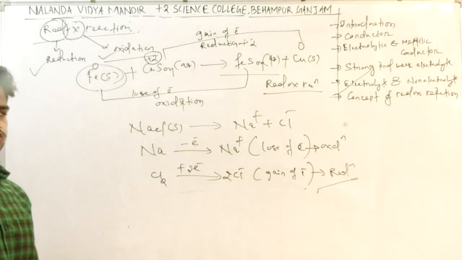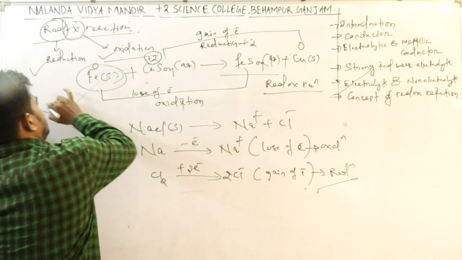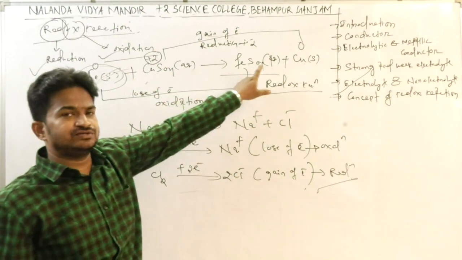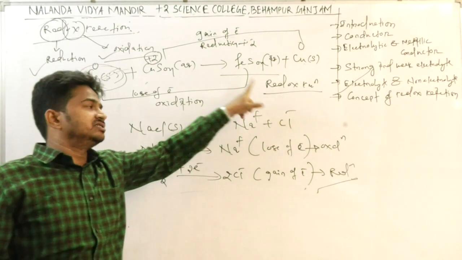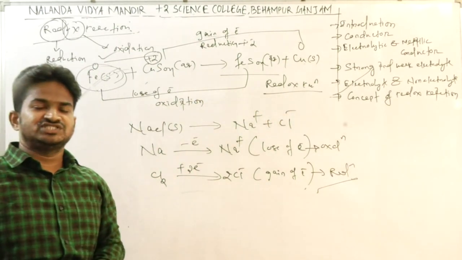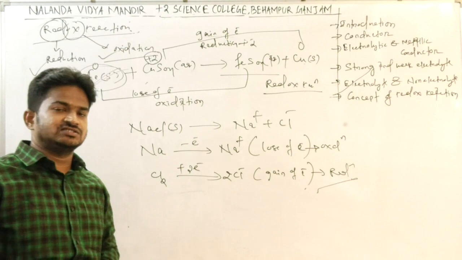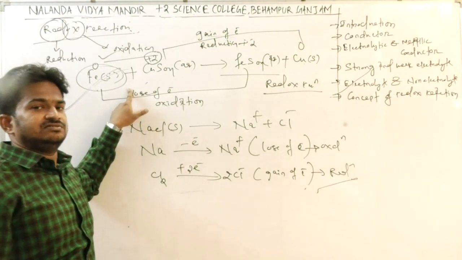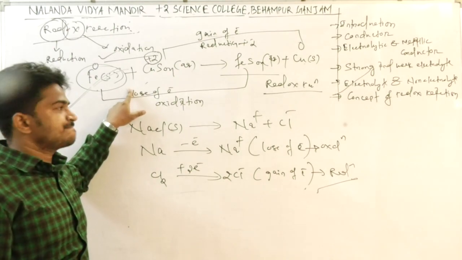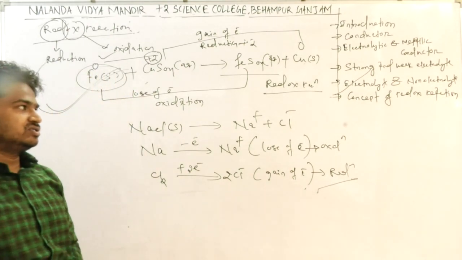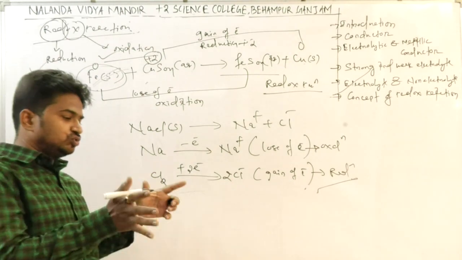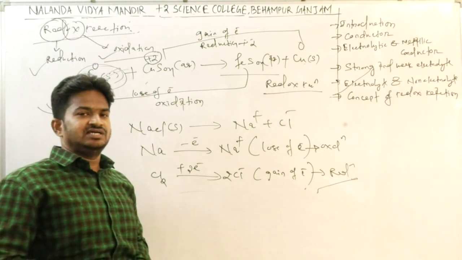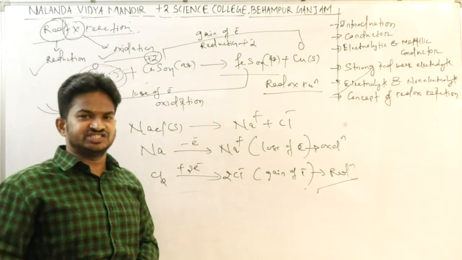So for the reaction where an iron pin is dipped inside copper sulfate solution to give ferrous sulfate and copper, it is a redox reaction, because oxidation and reduction are present simultaneously. This is all about redox reactions, and through spontaneous redox reactions chemical energy is generated.